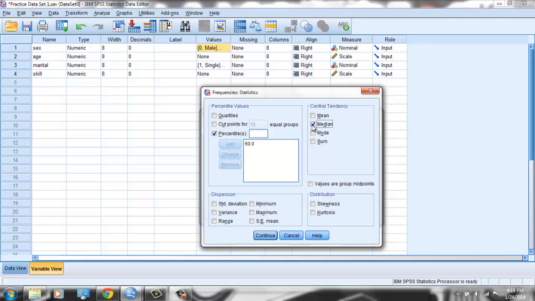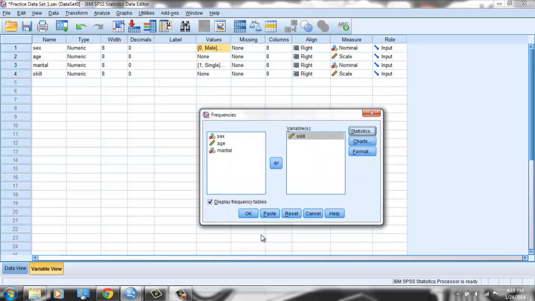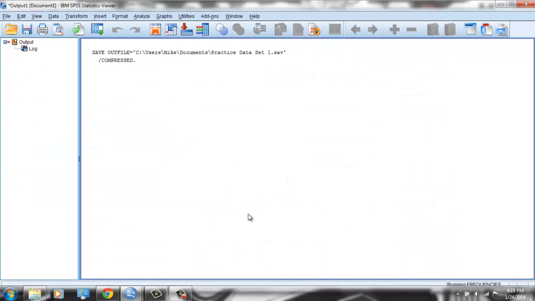Let's go ahead and go for it. Who cares about the mode, right? Let's see, what else can we do? Let's take standard deviation. That's always fun. Doesn't matter. You click on whatever you want to click on. You can't break it, so feel free to play with it. Now, once you've done this, you continue. Is it okay?